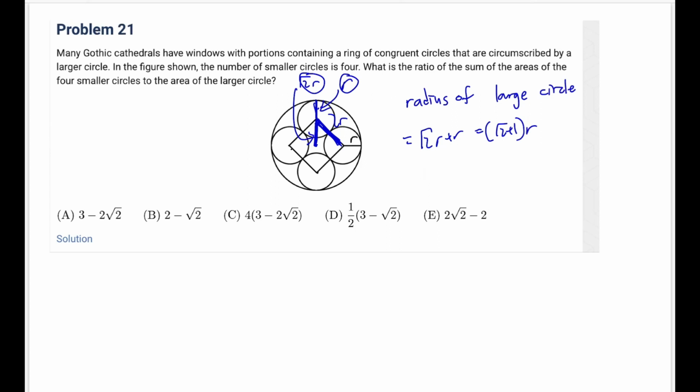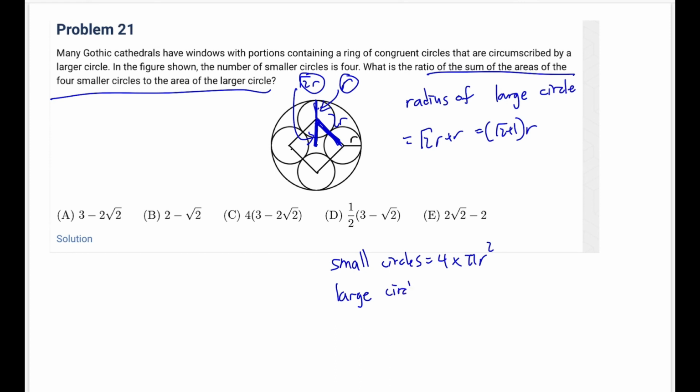And then we have to find the ratio of the areas of the 4 smaller circles to the area of the larger circle. The smaller circles will be 4 times pi r squared, and the large circle would be root 2 plus 1 squared times pi r squared, right? So this is 4, and then root 2 plus 1 squared is 3 plus 2 root 2.